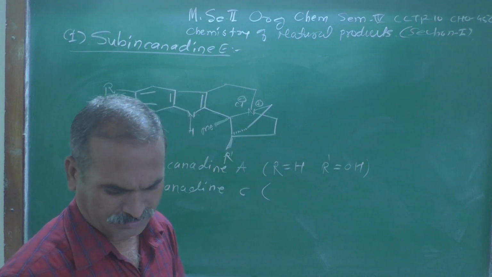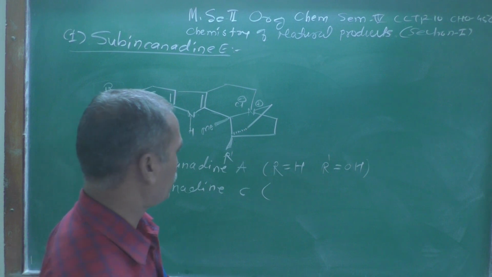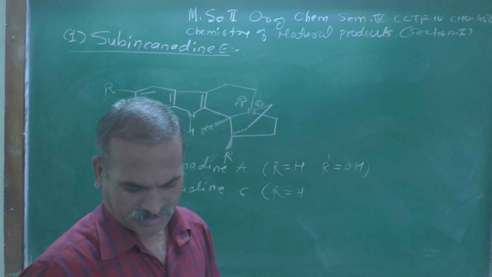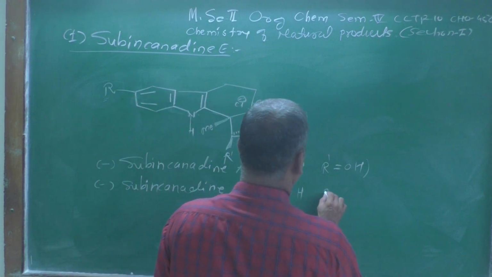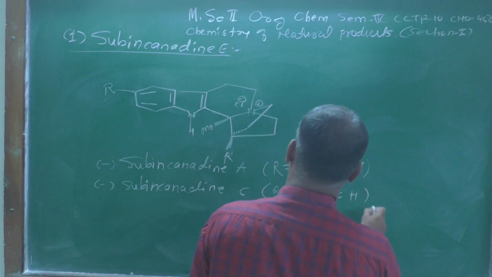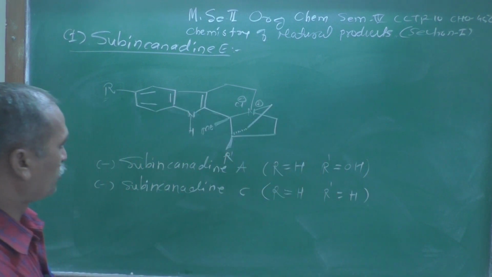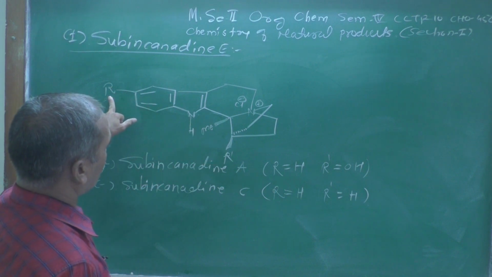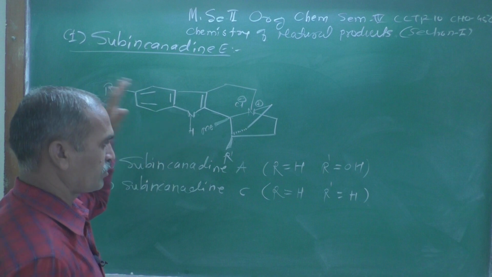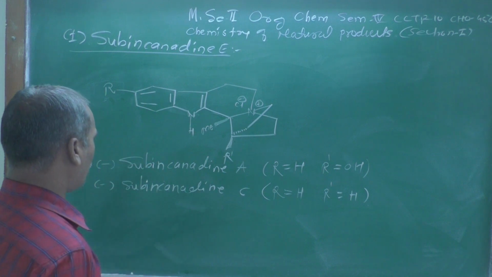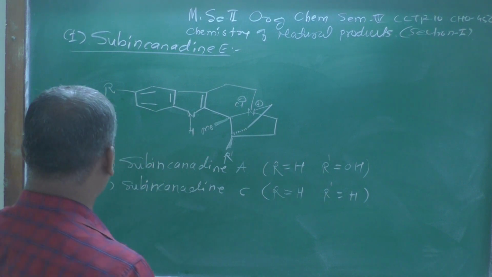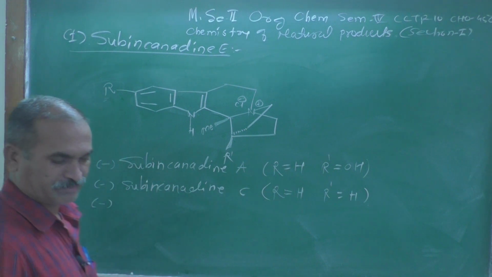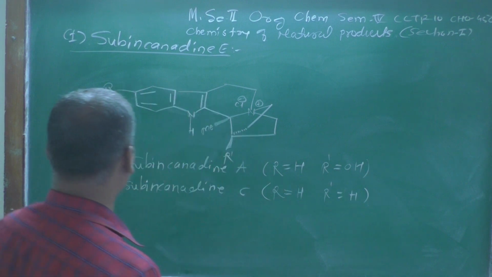Here is C. When R is equal to H and R dash is also H, then that structure, where both R as well as R dash are hydrogen atoms, is called Subincanadine C.